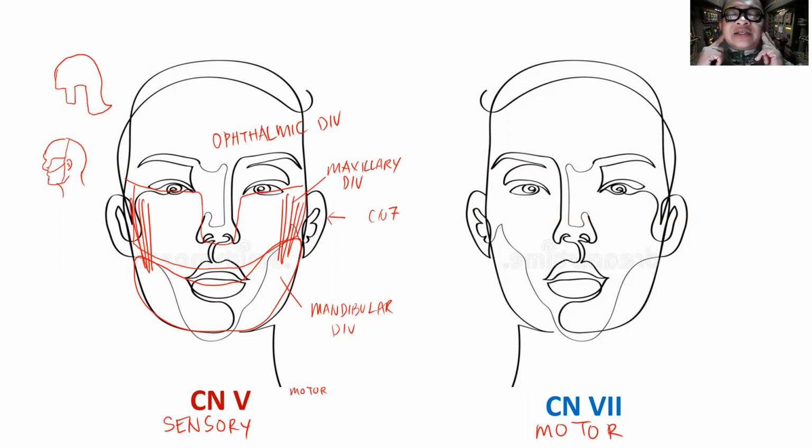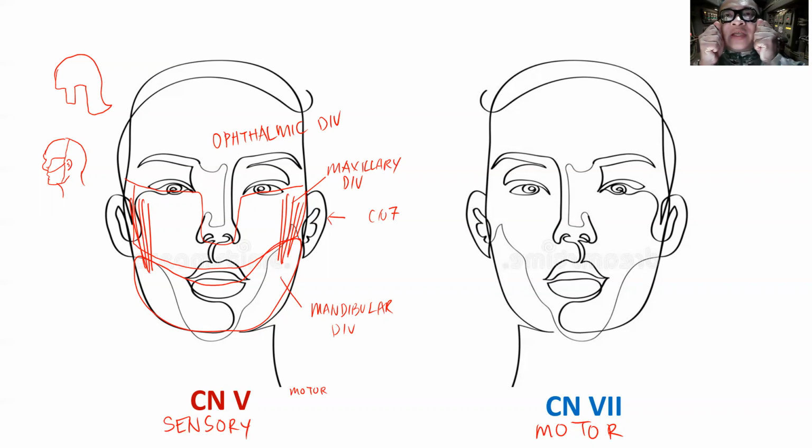You can let the patient clench the jaw there, and your lateral pterygoids, the function of that is jaw protrusion, like this. You protrude the jaw forward. So just remember this, the pterygoids basically push your jaw forward.